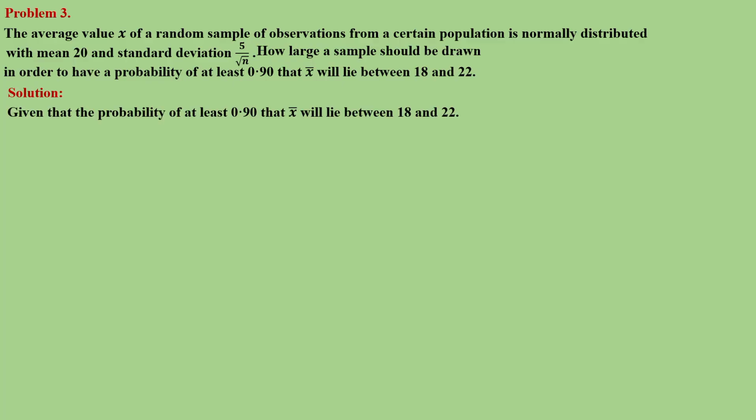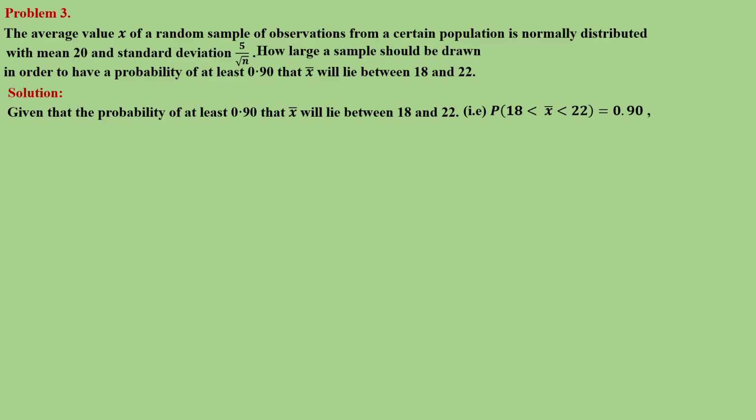in order to have a probability of at least 0.90 that x bar will lie between 18 and 22? So we need the probability of 18 less than x bar less than 22 to be at least 0.90. I am taking equality, so it is equal to 0.90.